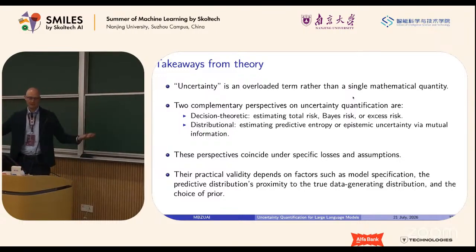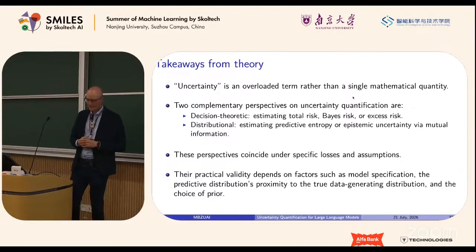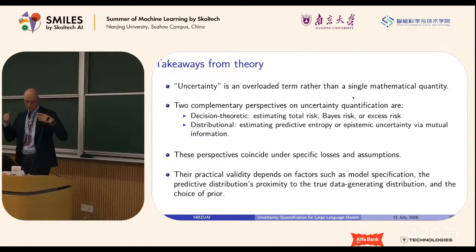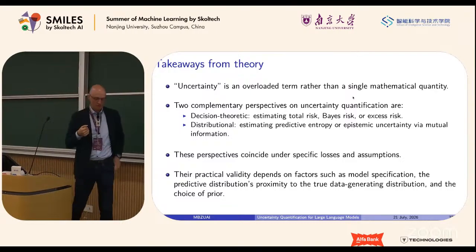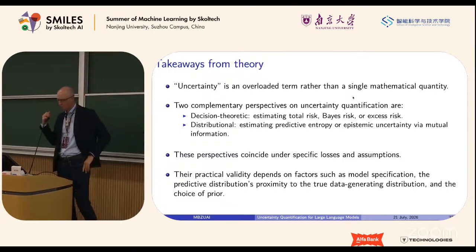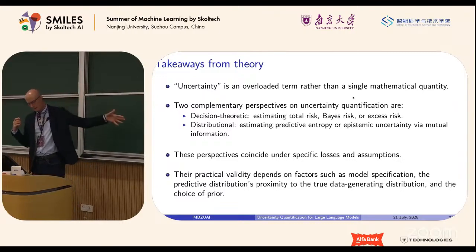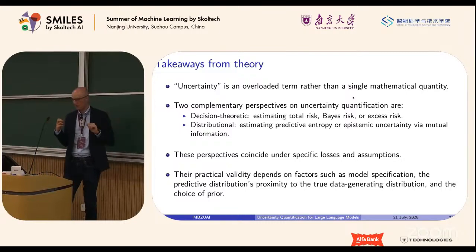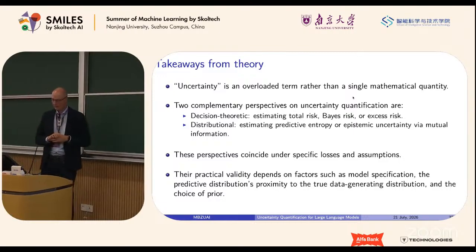If you have, let's say, a Bayesian model, and you have a great understanding of how your prior should look, and your approximation of the real distribution is more or less good, then the definition of uncertainty through the entropy of the predictive posterior is also kind of an optimal definition.